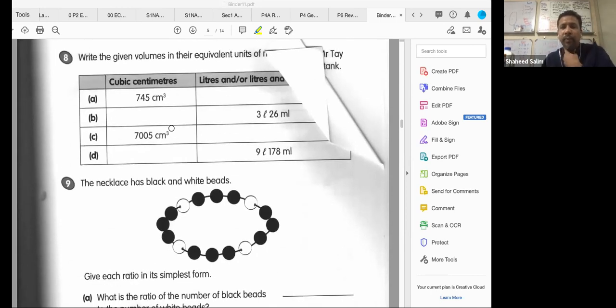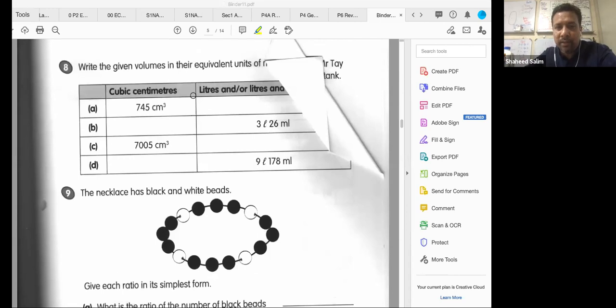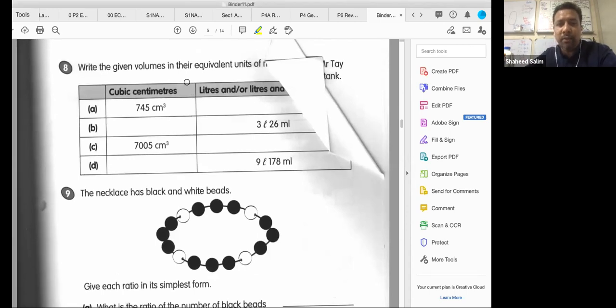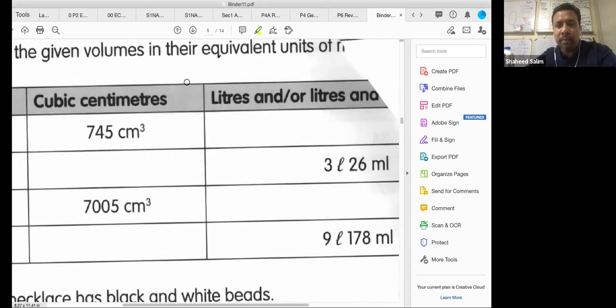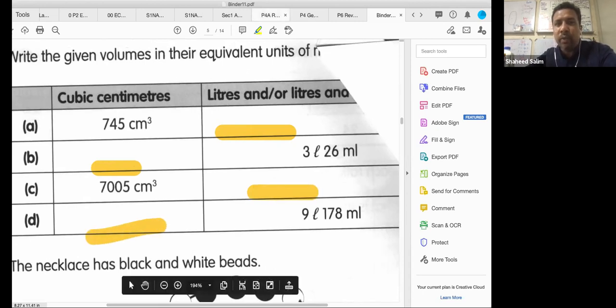Okay. Down here now, they want you to convert. Can we try to convert now? Can you convert? What's the answer down here? I'm going to give you the clue again in case you have forgotten.